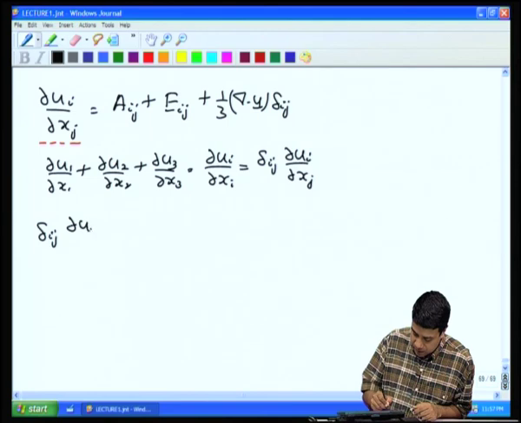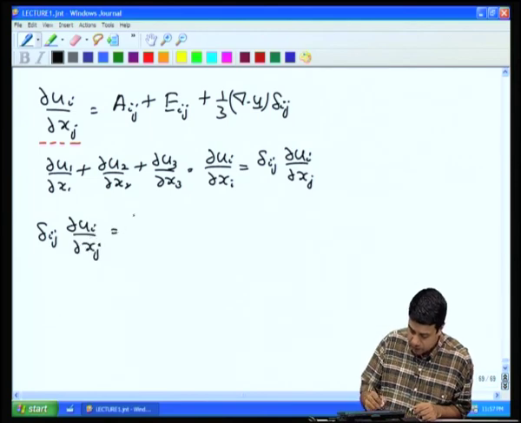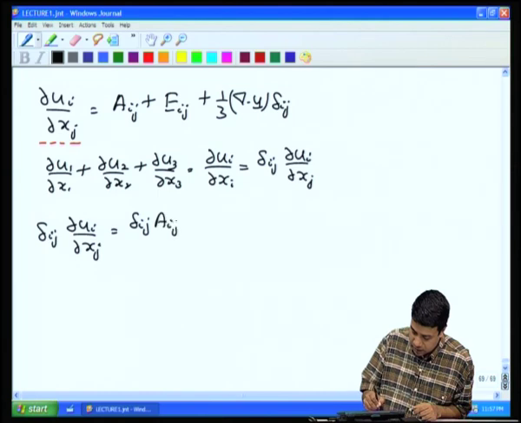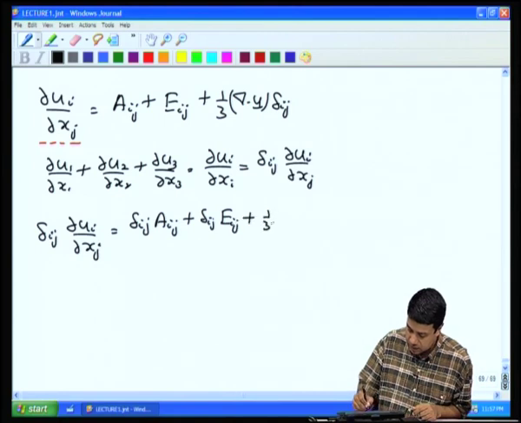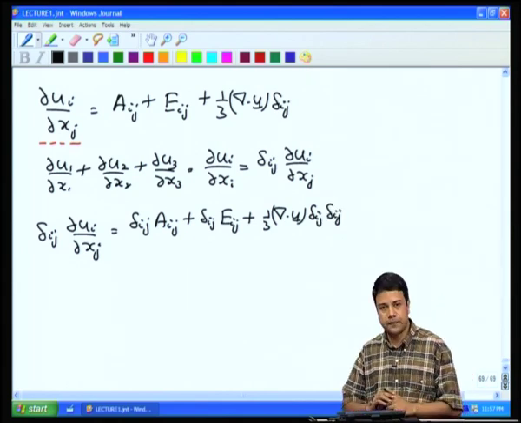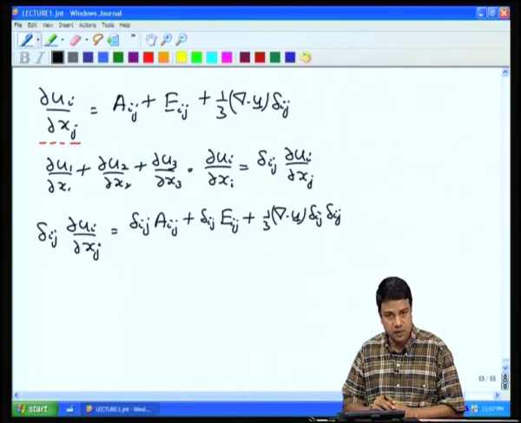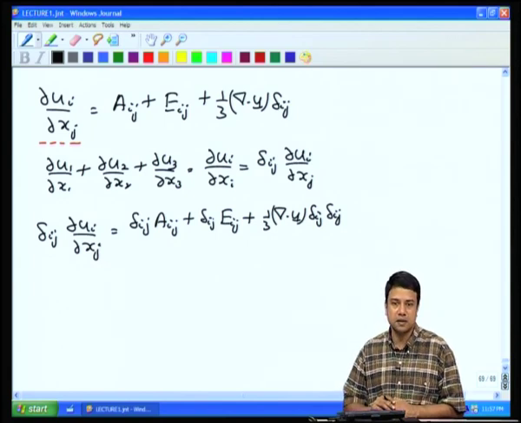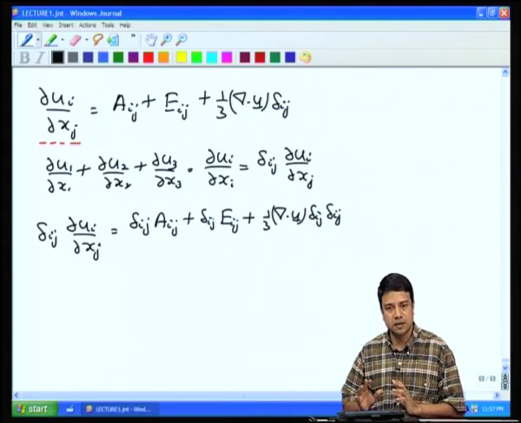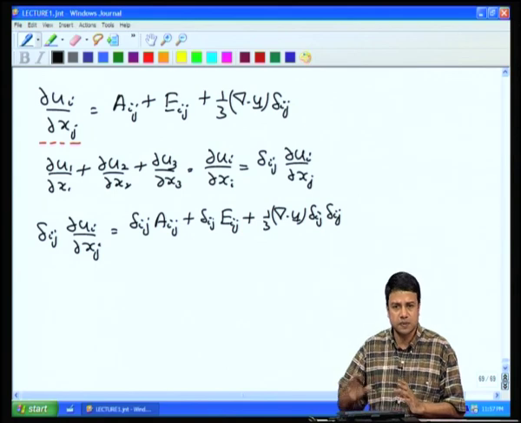Delta ij times partial ui by partial xj is equal to delta ij Aij plus delta ij Eij plus 1/3 del dot u delta ij delta ij. Delta ij times Aij: A is antisymmetric, delta is symmetric. If you take the double dot product of a symmetric tensor with an antisymmetric tensor, you will get 0. It is quite easy to see. You can just expand it out and work it out.